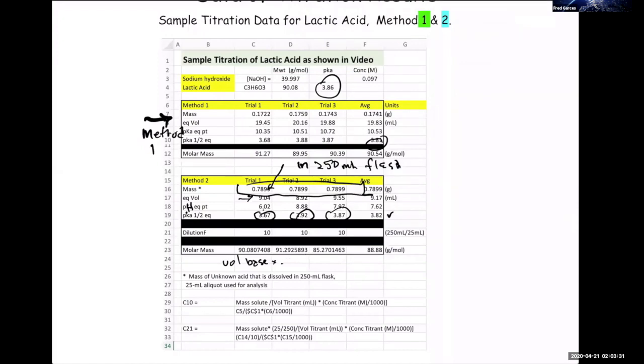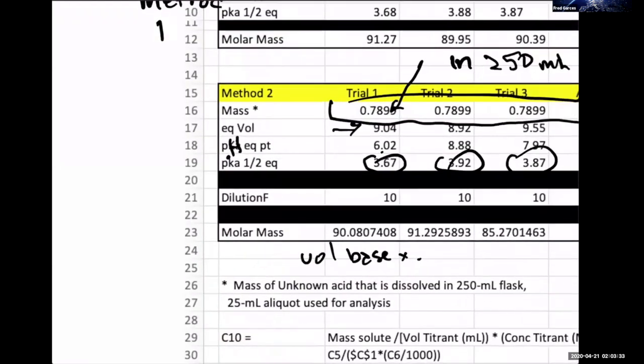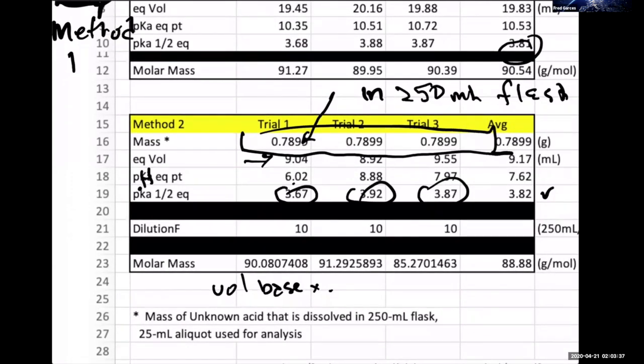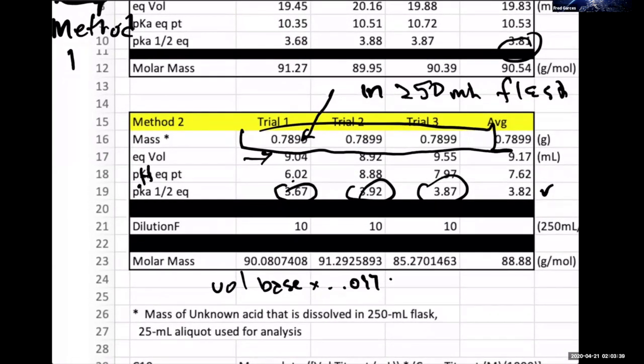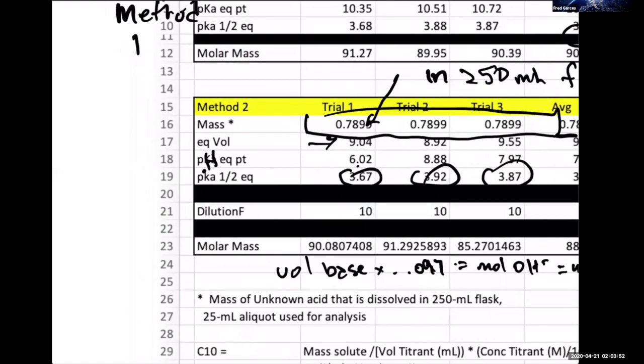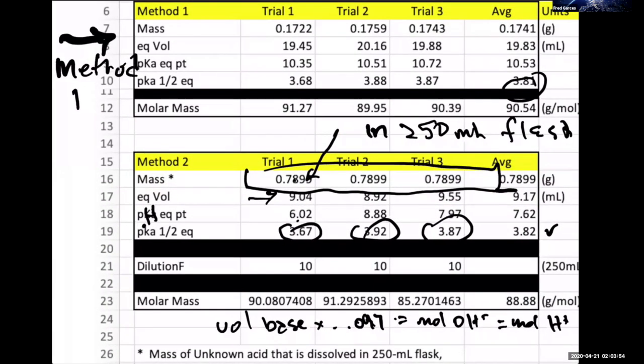Okay, I take the volume of the base and then I multiply it by the concentration of the base, which is 0.097. That now is the moles of the base for this titration, the first titration, which is the moles of the acid. What I could do now is take this mass and divide it by 10.